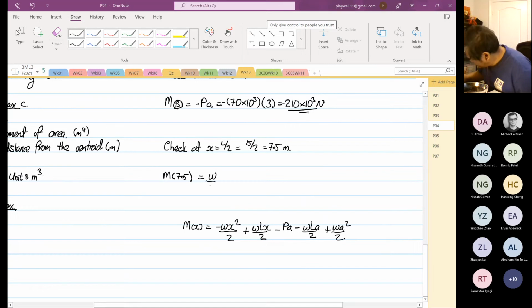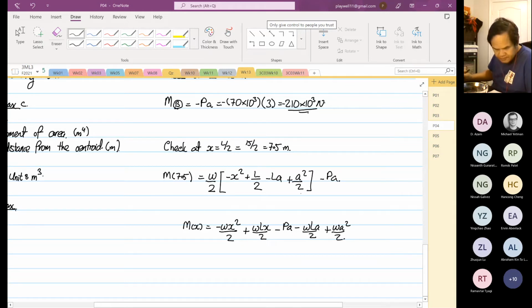Omega over 2 times minus x squared plus Lx minus La plus a squared, and then minus Pa. The second expression has an Lx, minus La plus a squared over 2. So minus x squared plus Lx minus La plus a squared.